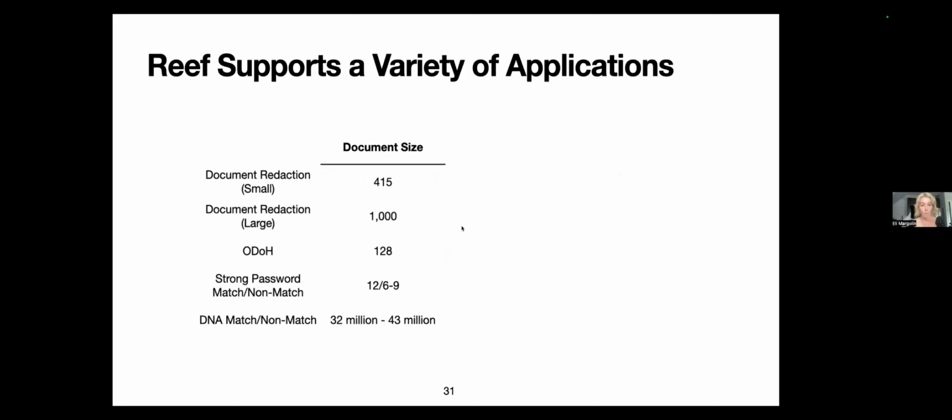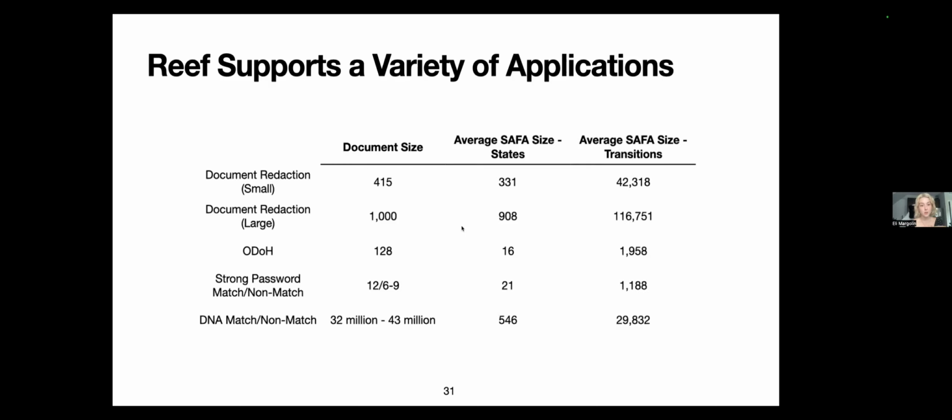This covers a wide range of document sizes, from 6 characters to 43 million, and a wide range of SAFA sizes as well. We have some very small SAFAs, with 16 states and less than 2,000 transitions, to some very large ones, with almost 1,000 states and over 100,000 transitions. So we try to cover a pretty wide range in what we test.